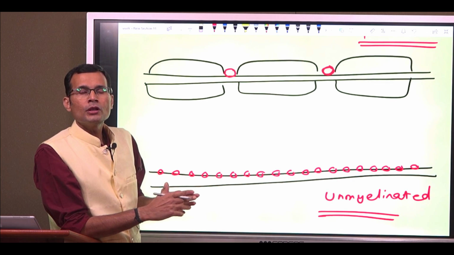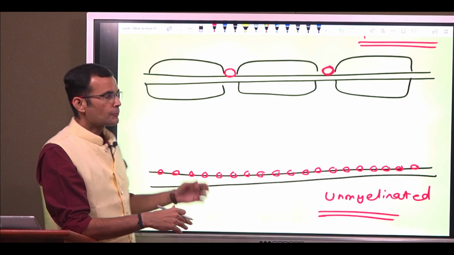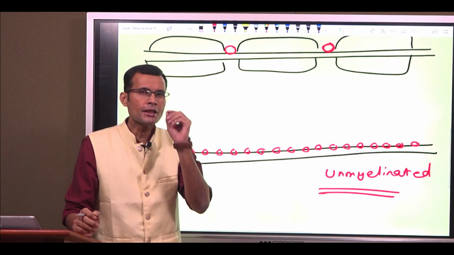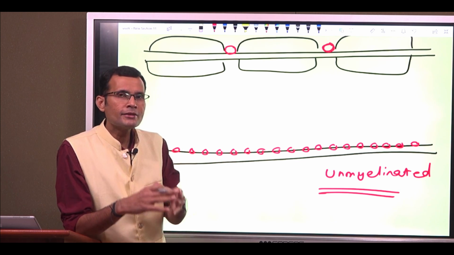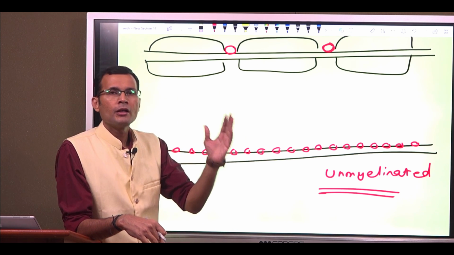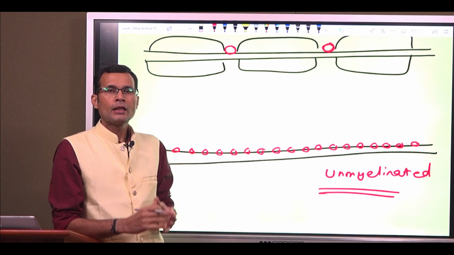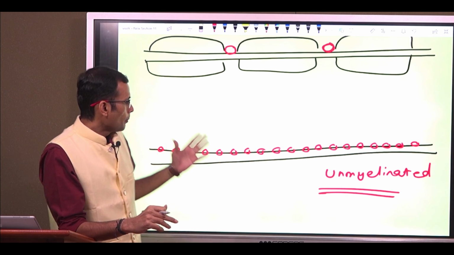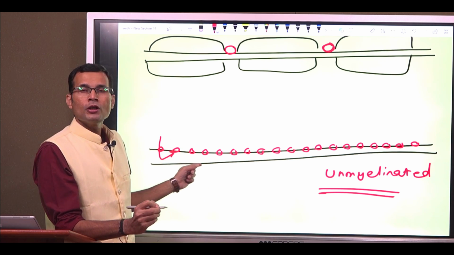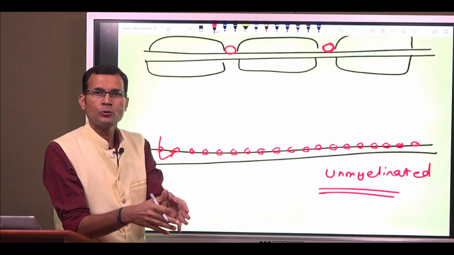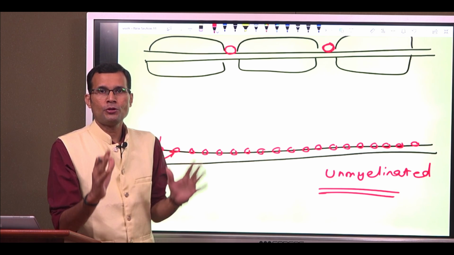Let's compare the propagation of the action potentials, how the impulse propagates. The key point in all this propagation is that sodium and the positive charges will come in from one point. That point will excite, but those positive charges have to go to the next point where the sodium channels are located, and they should take that point to threshold.